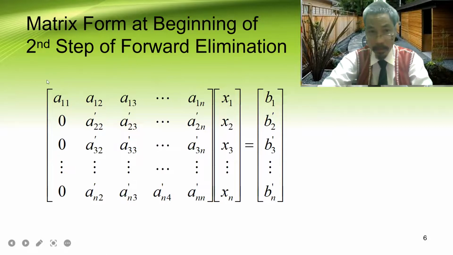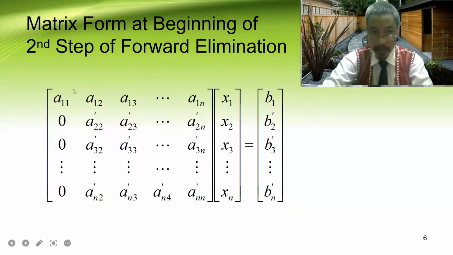This is the pivot because we divide all of the equation 1 terms, including the constant here, by A11 and then multiply by A21. Okay?